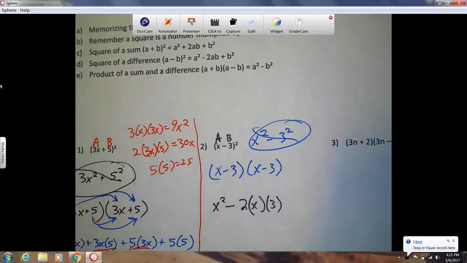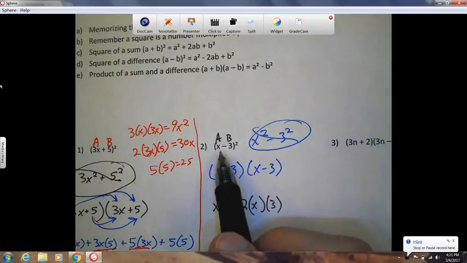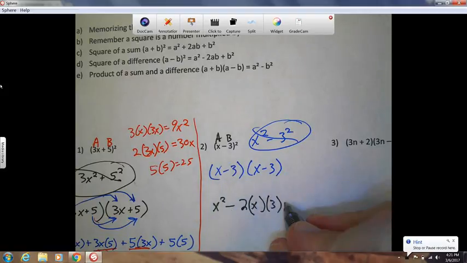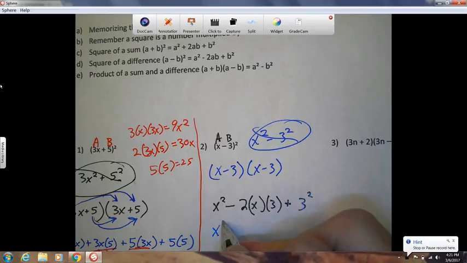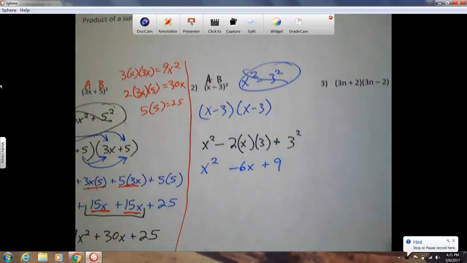In this case, you don't make this a negative 3, you leave that as a minus, that's right here. And then plus b squared, which is 3 squared. So now all I need to do is simplify. x squared minus 6x plus 9. Now you can multiply that out to get the answer.